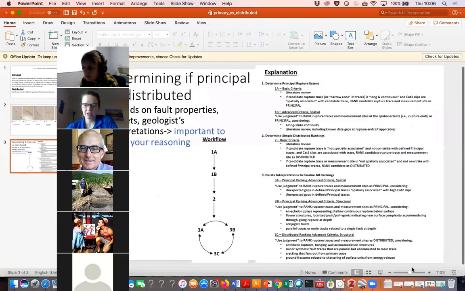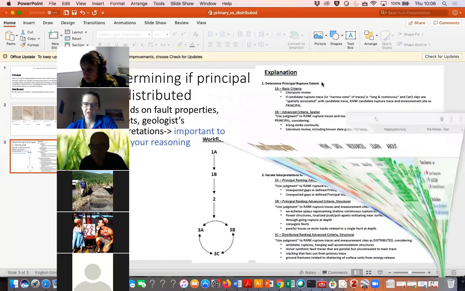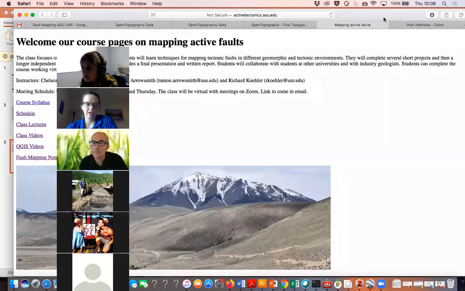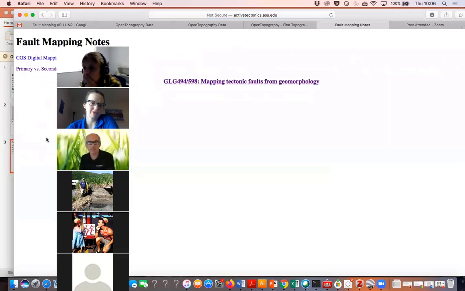Also, I put this doc on the web page. So if you go to our course webpage and then fault mapping notes, you'll find this or a similar document with a little bit more information here where it says primary versus secondary faulting.